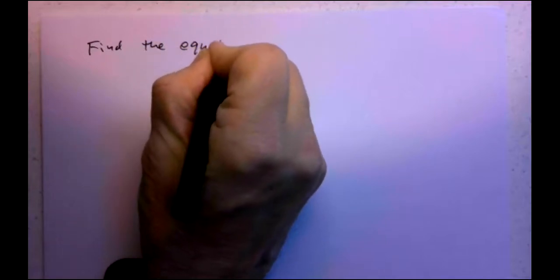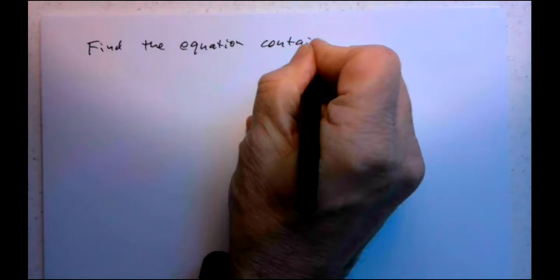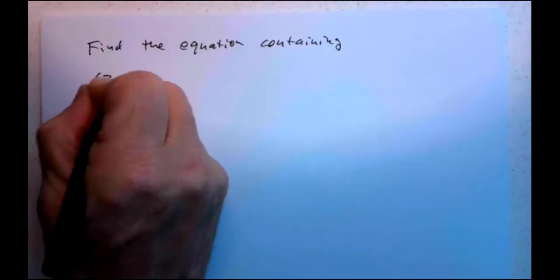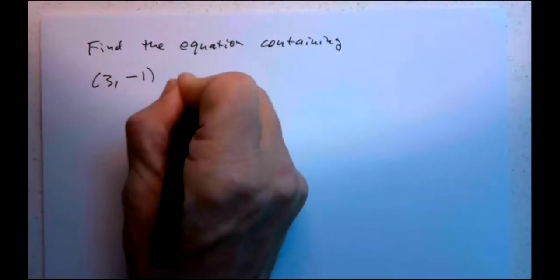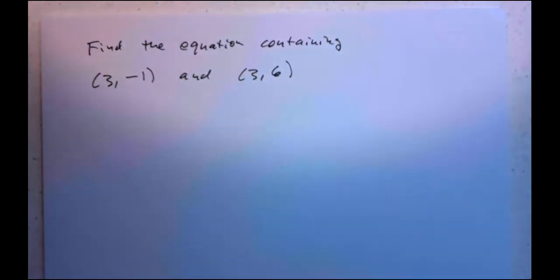So let's go ahead and look at another case. So we want to find the equation containing the following. Find the equation containing 3, -1, and 3, 6.